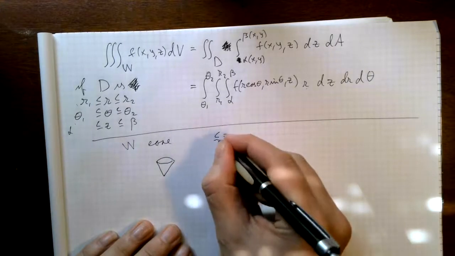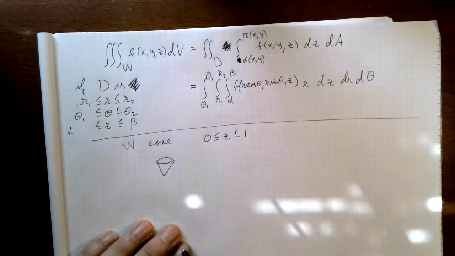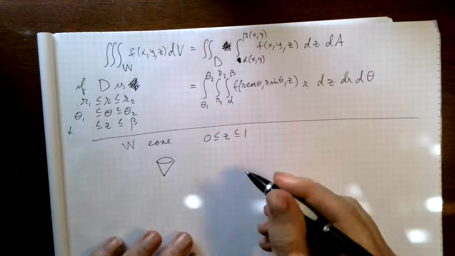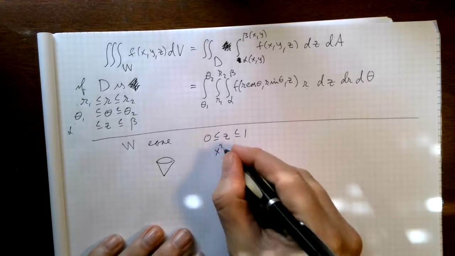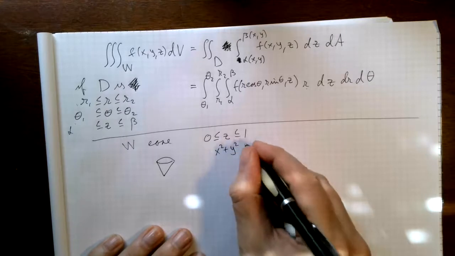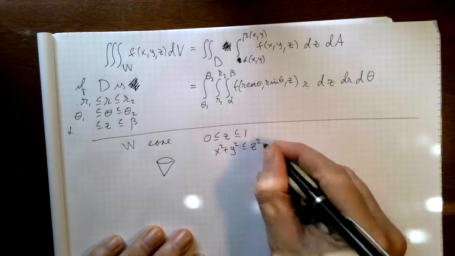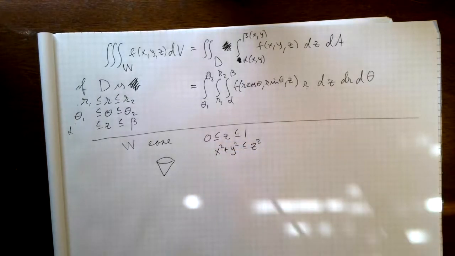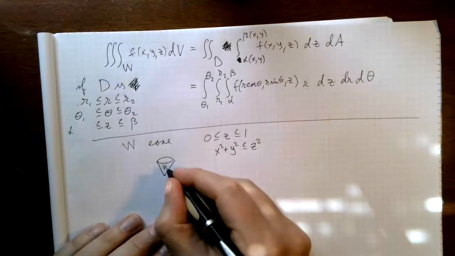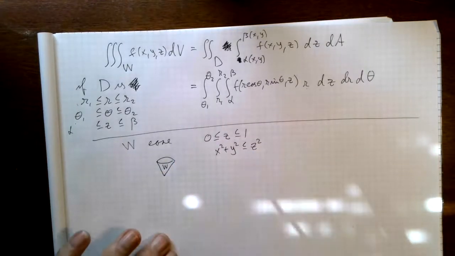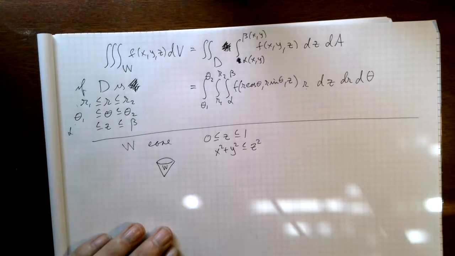Z is going to be between 0 and 1, right? And the cone is, well, let's just write it sort of the standard way that people write equations in rectangular coordinates. So let's suppose that W is the thing that's given by this equation.